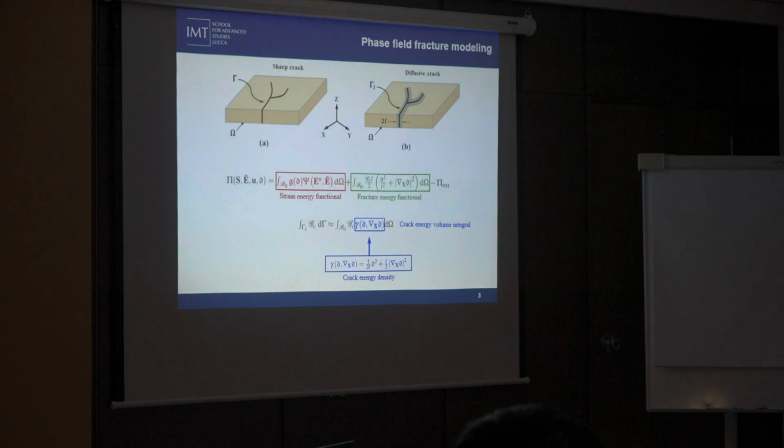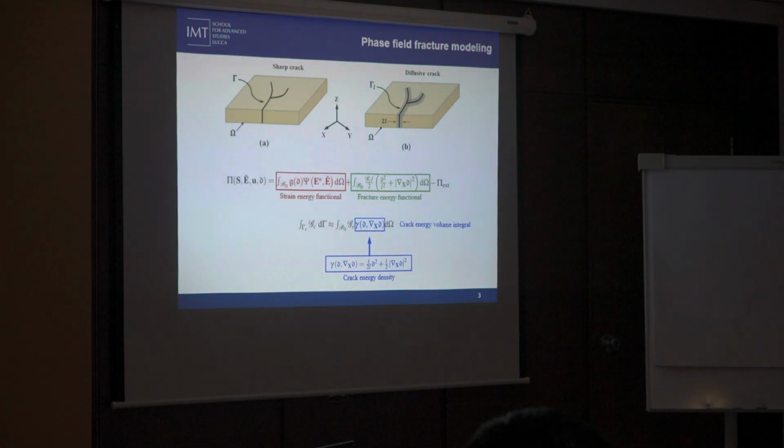Regarding damage and fracture modeling, the phase field approach has received a lot of attention in the past 2 decades. Here I will briefly introduce the phase field theory. In the phase field approach, you can see the picture. The sharp crack in the potential cracked body can be regularized within a diffusive crack area. And the width of the diffusive crack area is the phase field length scale. So the energy functional of the potential cracked body consists of strain energy functional, fracture energy functional, and external energy.